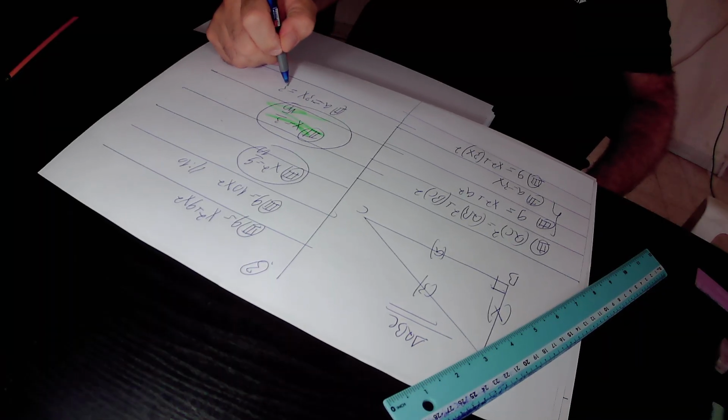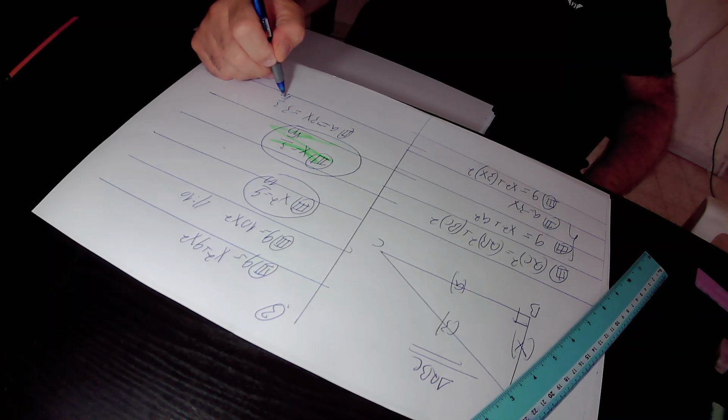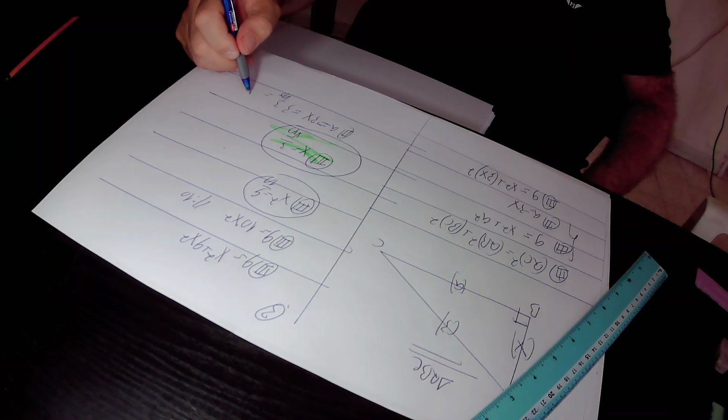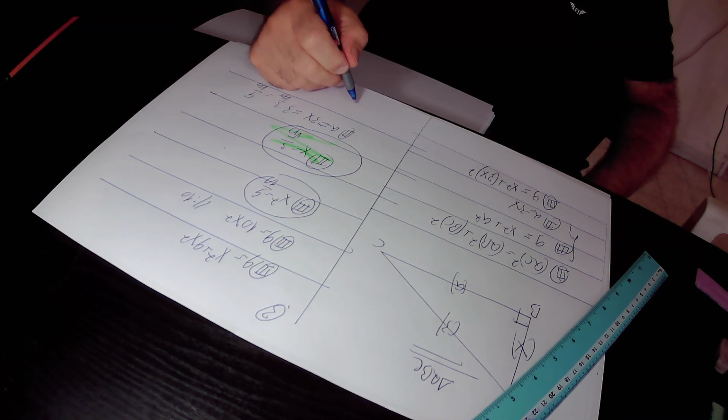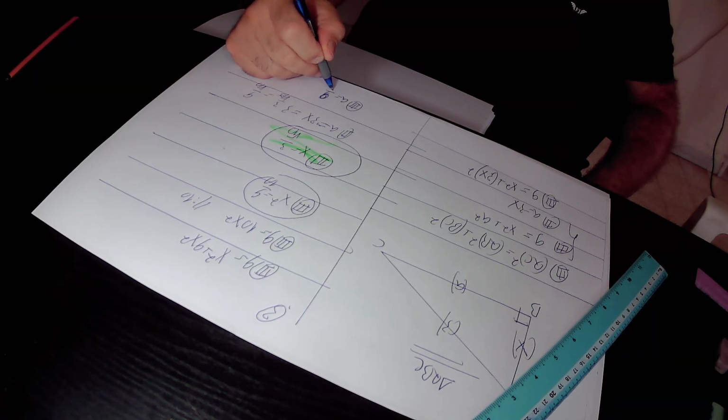So a equals 3x, and x equals 3 over square root of 10. So in total, a equals 3 times 3, that is 9, over square root of 10 units in its length.